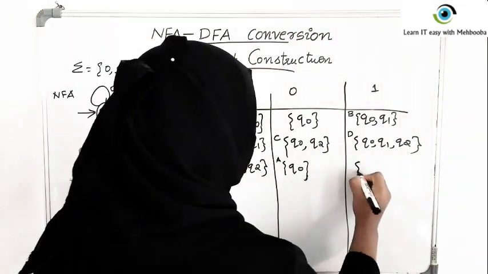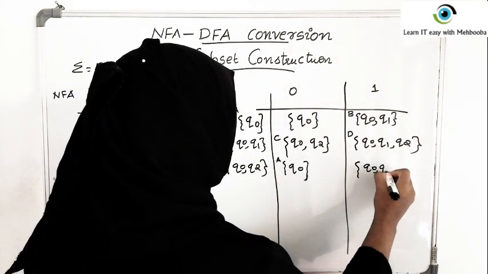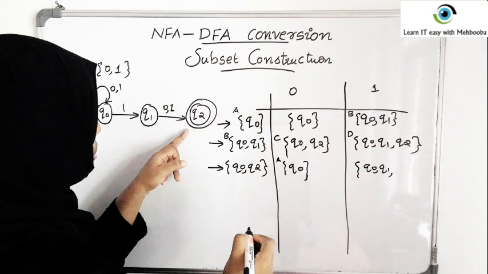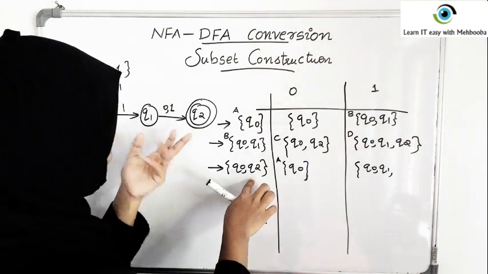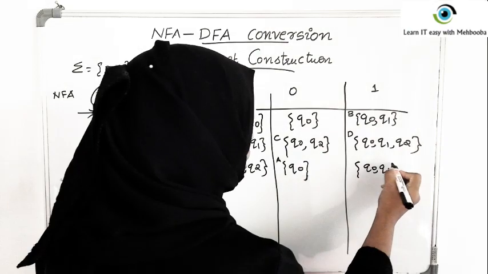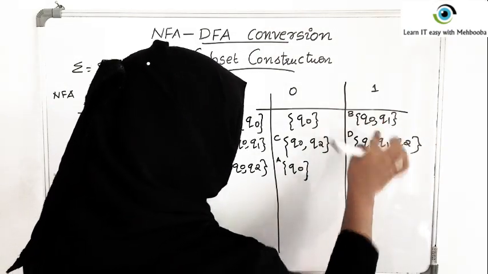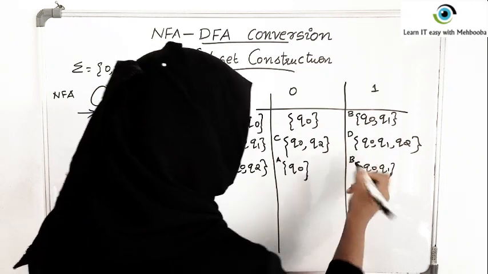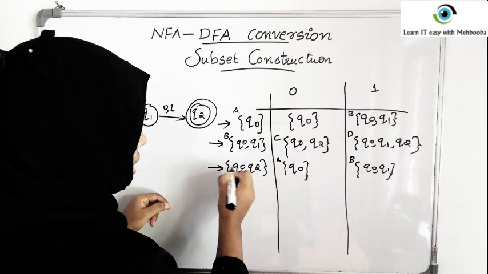Q0 on 1 gives Q0, Q1 and Q2 on 1 doesn't give anything. The transition is not defined, so you are not getting anything new. Q0, Q1 is a state which is already defined here, and it is B, the same B. So now this is here C.